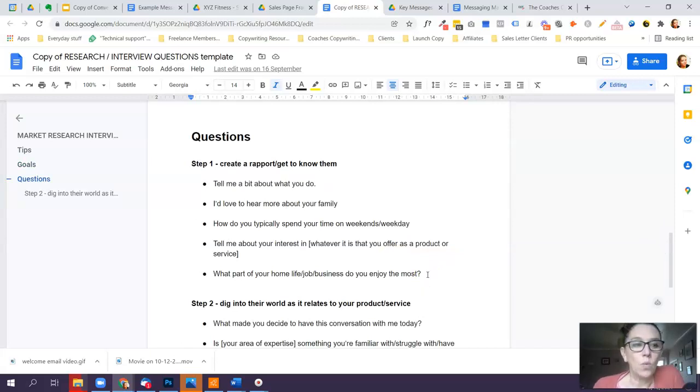But when you're doing this for yourself, what you need to bear in mind is that it's not an interview. It is a conversation. Let it flow, and just have these questions up as a way to guide you. But basically, you just want to ask open-ended questions that allow the person you're talking to just talk naturally and get out what it is that they're thinking and what they want to say.